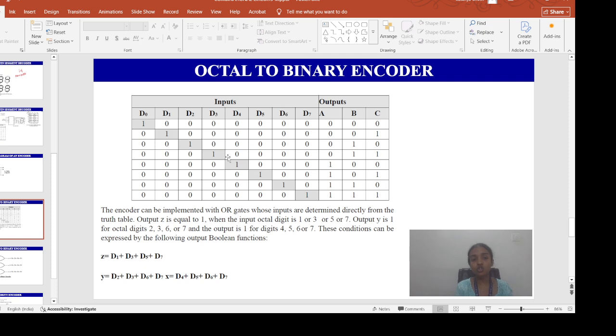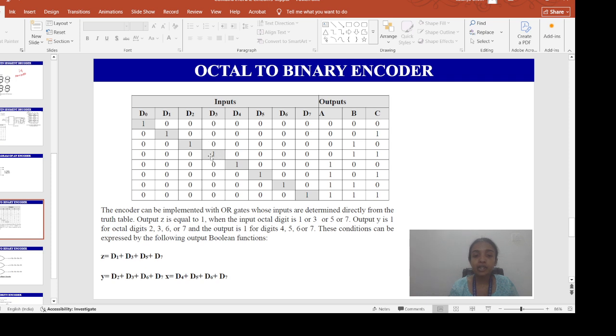First, let's see this truth table. When the D0 input is active and all other inputs are 0, all the outputs will be 0. If the D1 input is active and the rest are inactive, then output C will be 1.